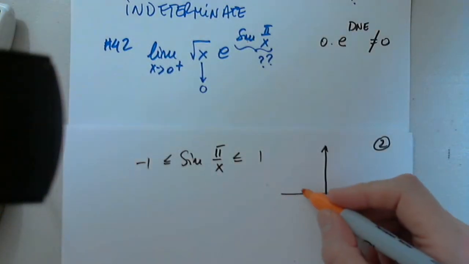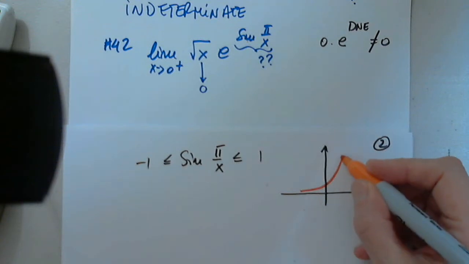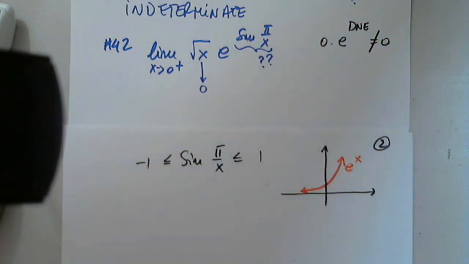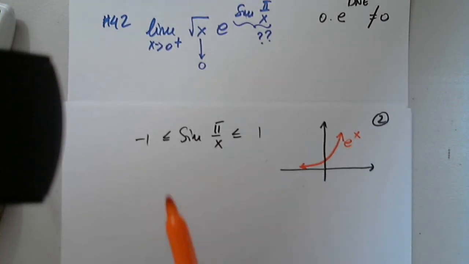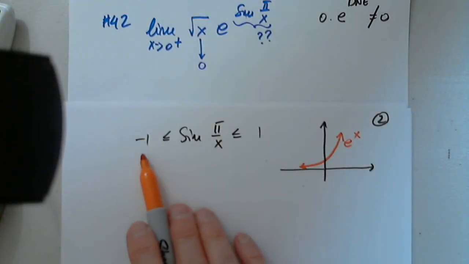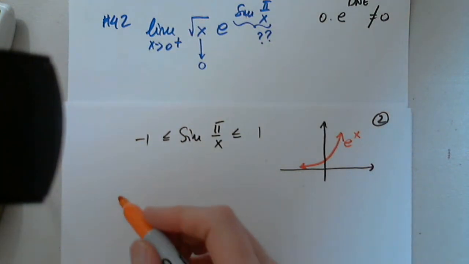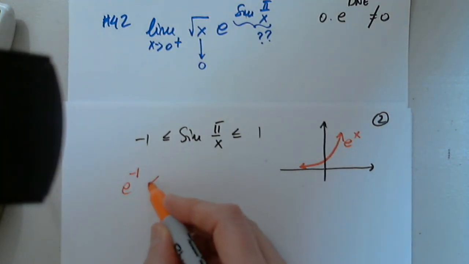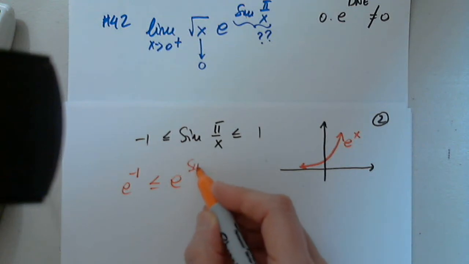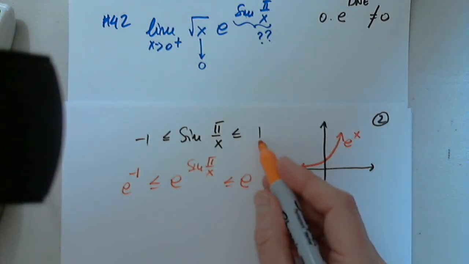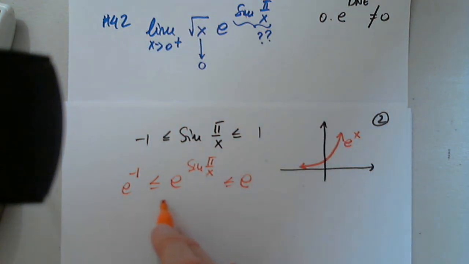Well, because knowing that the function is increasing, and also knowing that sine is an increasing function, then e to -1, e to sine pi over x, and e to the first power will also be increasing.